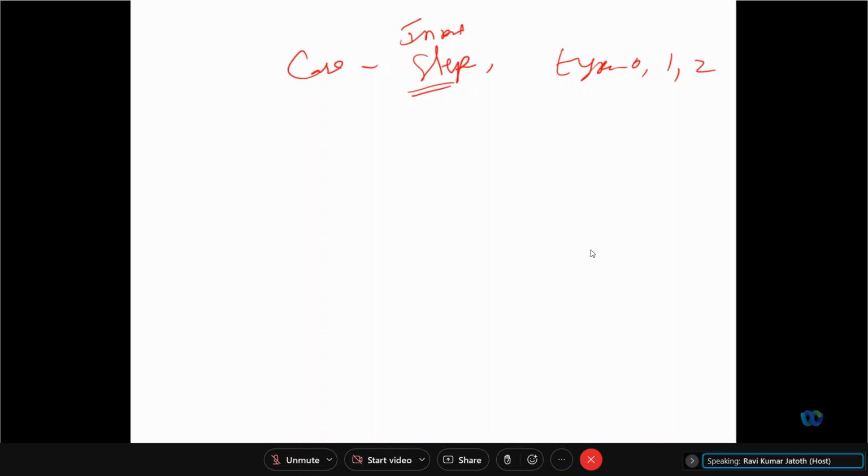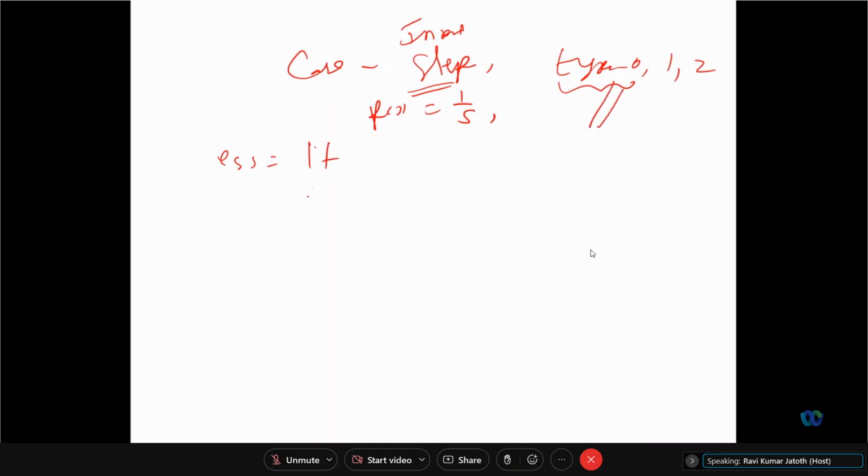Now input is step means R of S is equal to 1 by S, and I am trying to take type 0 system. That is the case. So then what is ESS? Type 0, the first case I am trying to take.